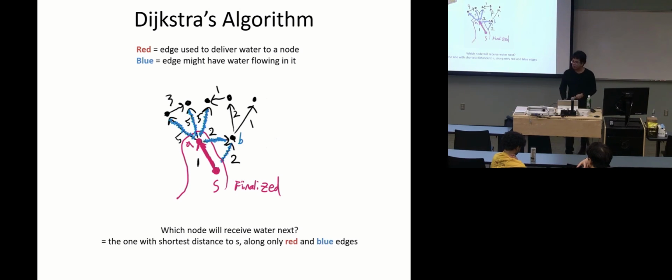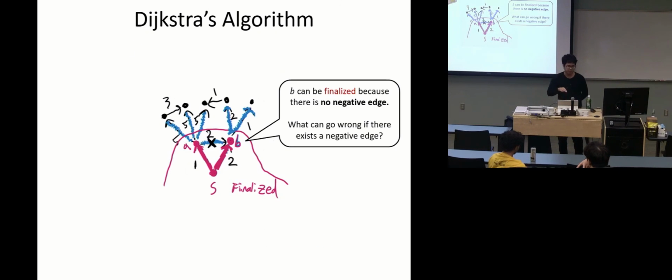Because B is the one with the shortest distance from S when you use only the red and blue edges. So what you're going to do is go to B and finalize B. The time that you reach B, you can just put it to be this distance. And by the way, this intuition works really well when the graph has no negative edge.